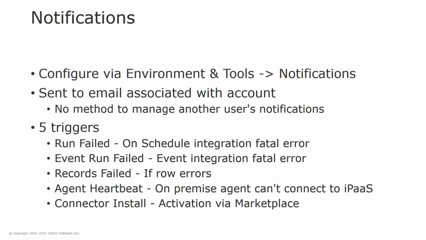Well, from the architectural point of view, in TCI Connect, each application has its own agent associated with it for the cloud agents. And then for on-premise agents, you would install an on-premise agent on your infrastructure. And then you would manage that yourself versus us managing that agent for you in our cloud infrastructure.